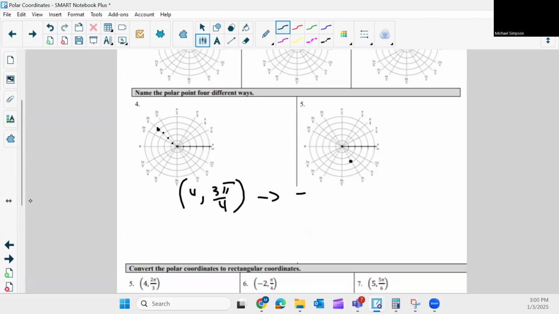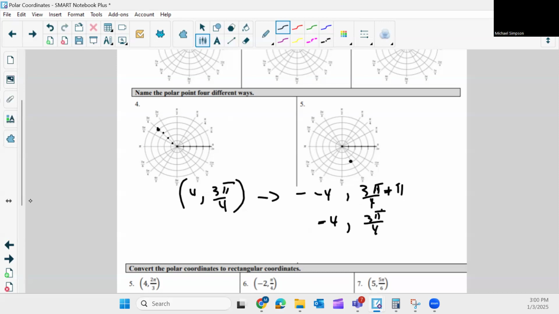R value minus 4, then we're going to add pi to this: 3 pi over 4 plus pi. Minus 4, comma, 3 pi over 4 plus pi.